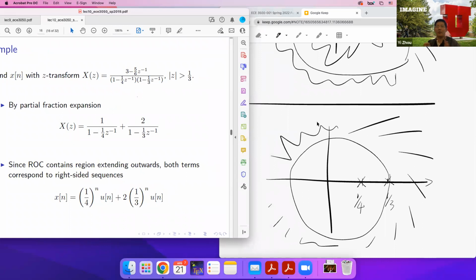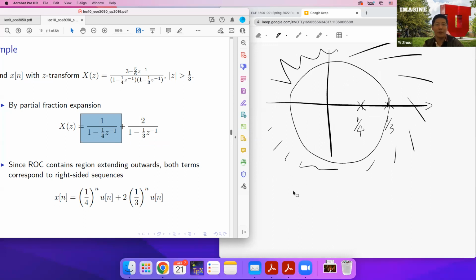Because this ROC is an intersection of the ROCs of these two Z transforms, the only possibility is that for this one, the ROC is exactly the overall ROC, so outward of the 1/3 circle. And for this one, the ROC is also outward, but outward of the 1/4 circle.